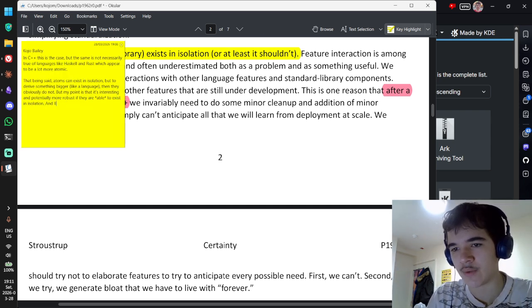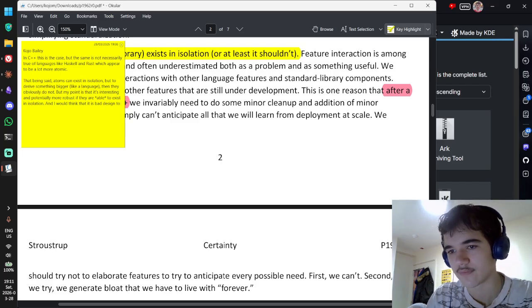I would think that it is bad design to fuse these atoms in implementation.